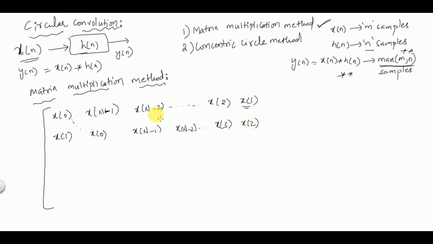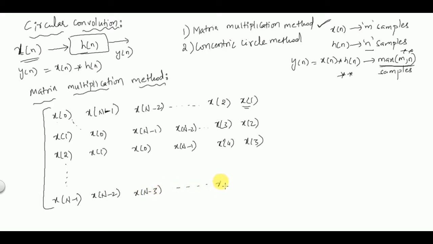Similarly, again shift one bit right, so you will get x of 2 here, x of 1, x of 0, x of n minus 1, and here you will get x of 4, and this is x of 3. So on, if you write it up to n minus 1, this becomes x of n minus 1, this becomes x of n minus 2, and similarly x of n minus 3, and so on.